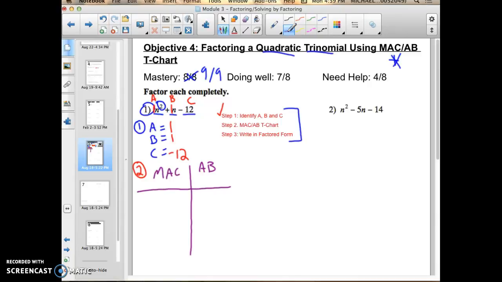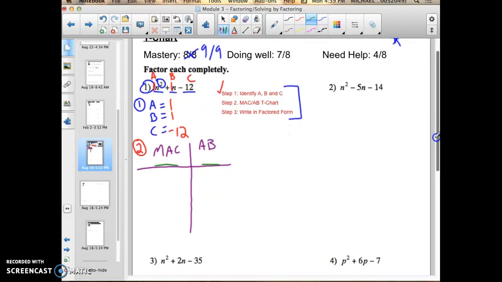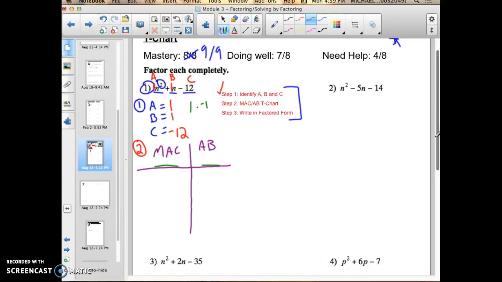Please leave some space between the words MAC and AB and the line, because you're going to put a number here and here. MAC stands for multiplying the A term with the C term. Once you do that, that number goes underneath MAC. Makes pretty good sense. So the A term in this case is 1 times the C term, which is negative 12.